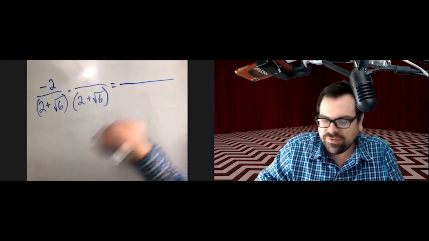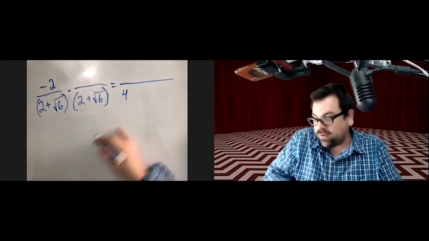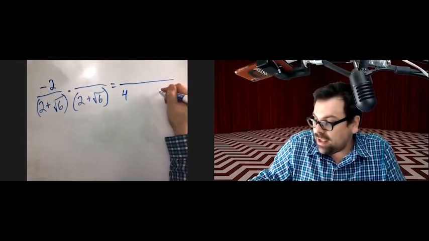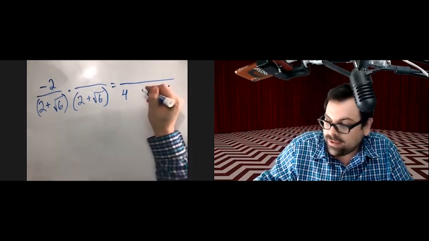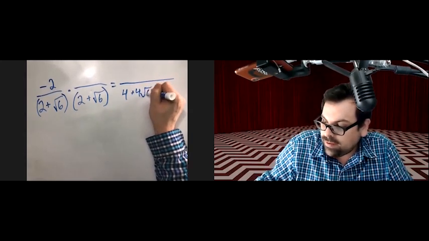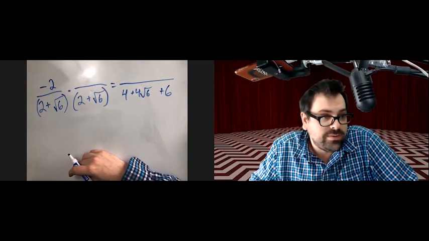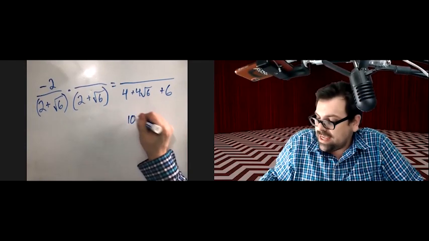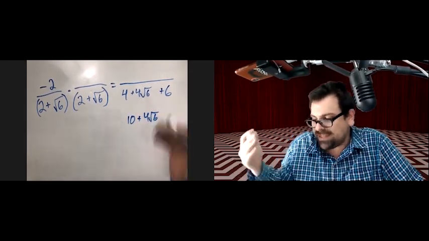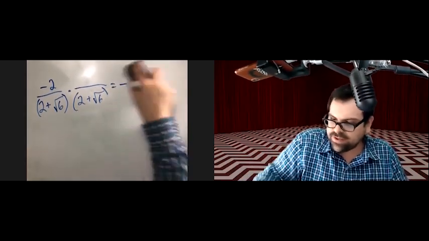And we just looked at the fact that that would get rid of the radical at the beginning and the radical at the end. But it's going to be a 3-term thing that still has a radical in the middle. And while this will simplify to 4 plus 6 is 10 plus 4 radical 6, it does not get rid of the radical. So we try again.